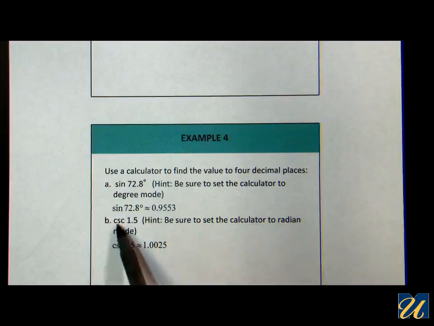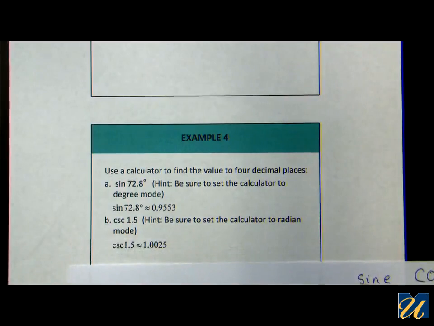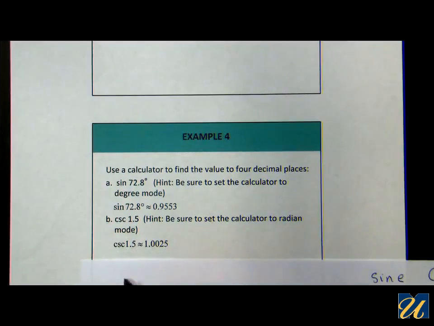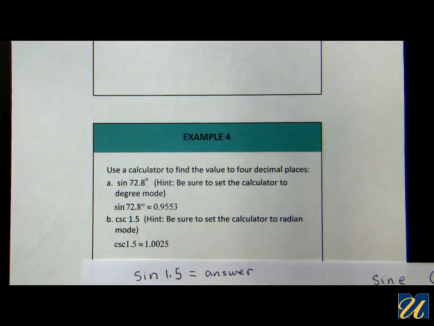Now, you don't have a cosecant button on the calculator. Since the cosecant is the reciprocal of the sine, find the sine of 1.5 and get your answer, and then the cosecant of 1.5 is 1 over the sine, so it's 1 divided by that answer.